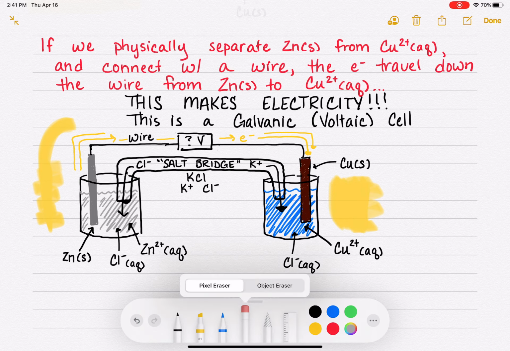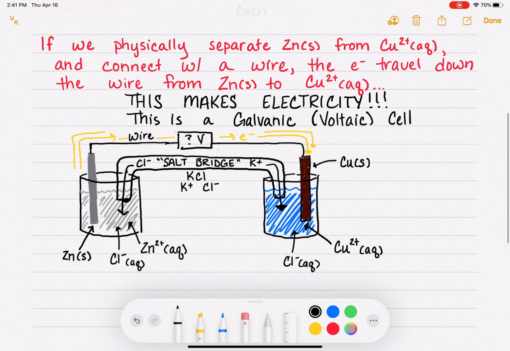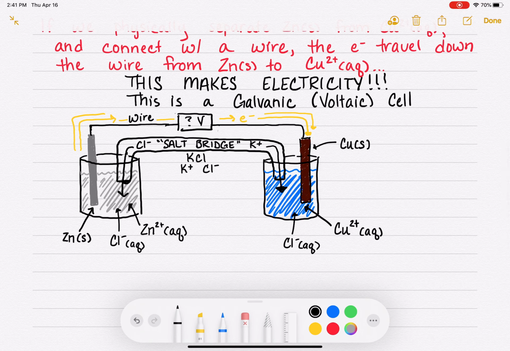Last couple things that I'm going to talk about are just some of the names of the different features of the galvanic cell. So on the left side of what we've drawn here is the oxidation side, the oxidation half reaction. And I know that this is the oxidation side because of OIL RIG. Oxidation is loss, and the electrons are leaving the zinc side, the left side.